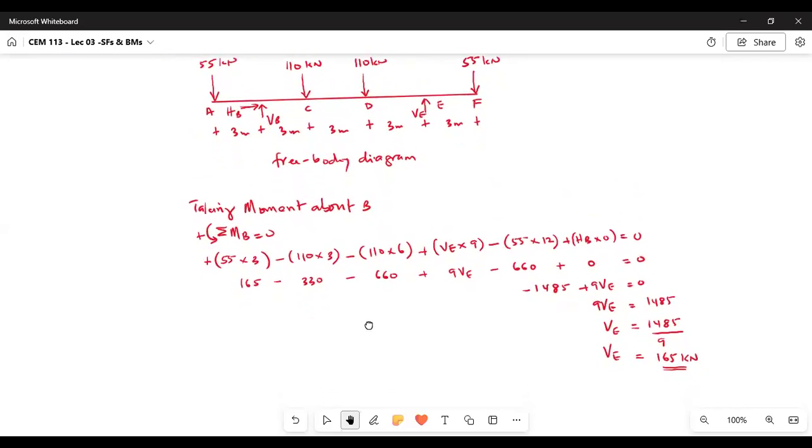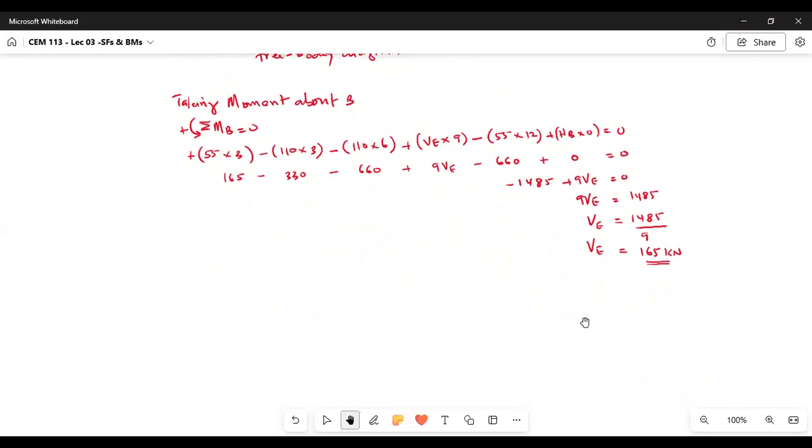So let me look at taking moment about point E, right? Because that's where our reaction is. Taking moment about E. So sum of moments about E is equal to 0. Anti-clockwise is positive.